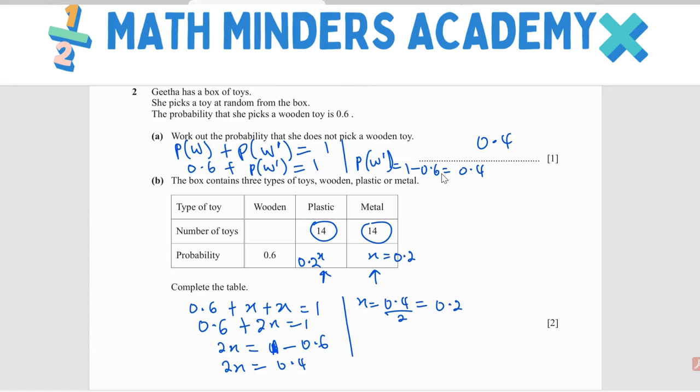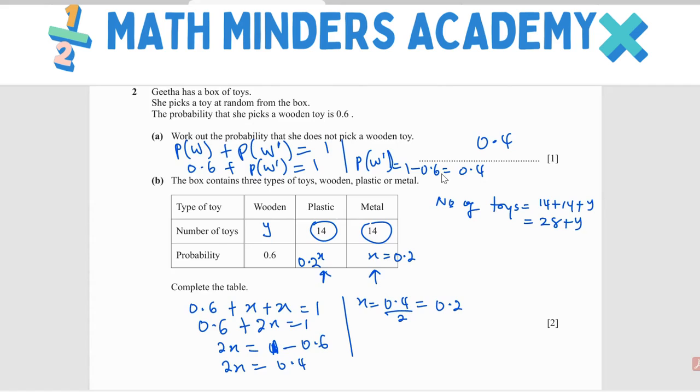Okay. Now, if we look at this, this is y. Let's call this y. Now if you look at the total number of toys, it will give us 14 plus 14 plus y, that's 28 plus y.